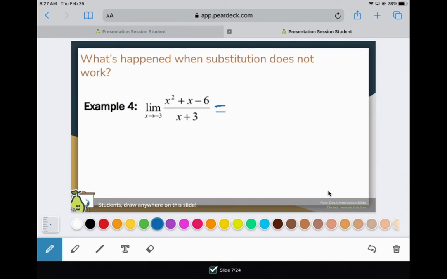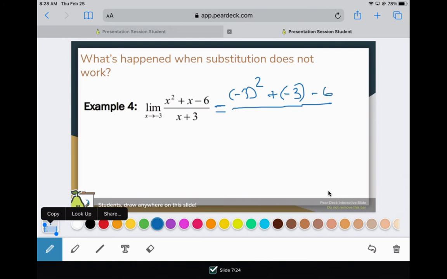So step number 1, this is what you always want to do. When you run into a problem asking to find the limit, plug in the number and see what happens, okay? So that's going to be -3 squared plus, if you can go back to the screen, I'm going to go over the new note, -3 plus 3.